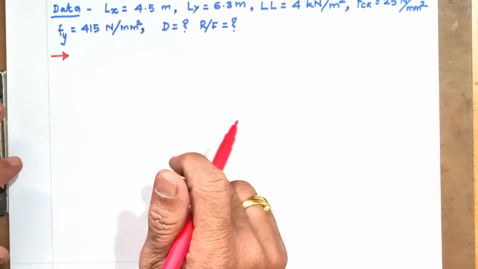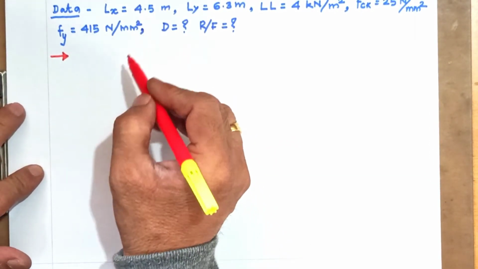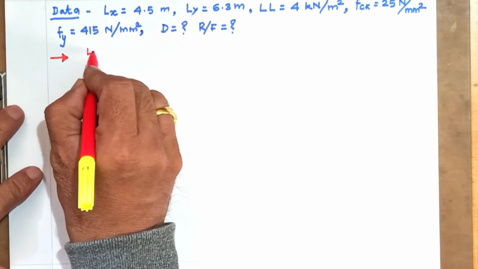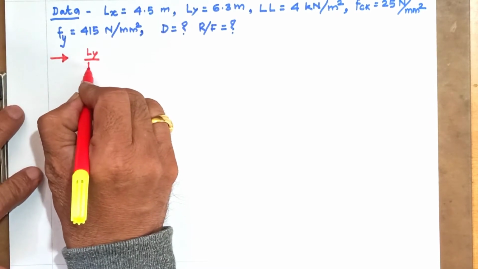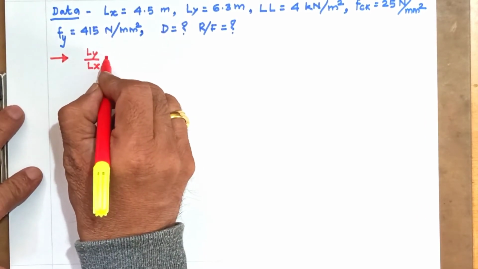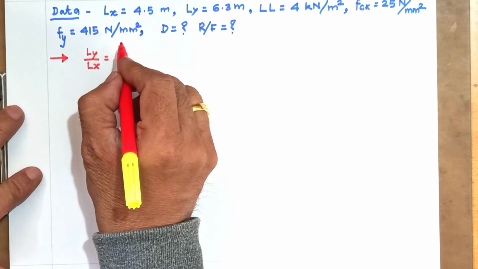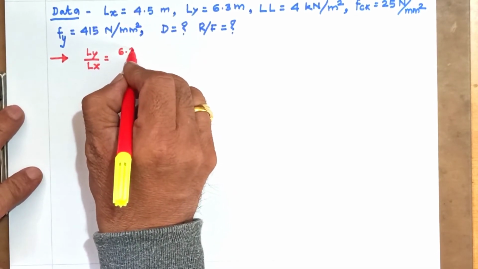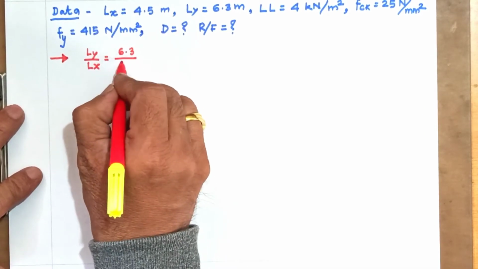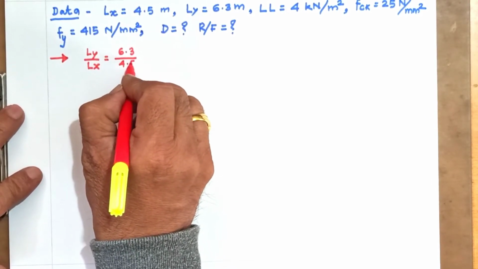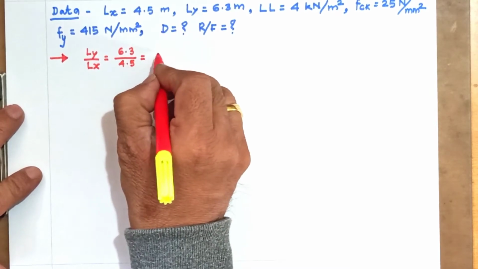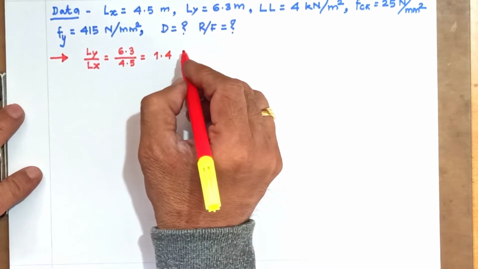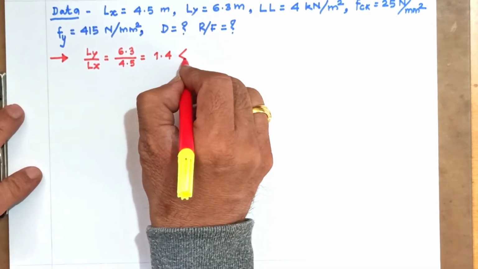So here these effective dimensions are given, so let us find out Ly upon Lx, that is 6.3 divided by 4.5, which comes out to be 1.4, which is less than 2.